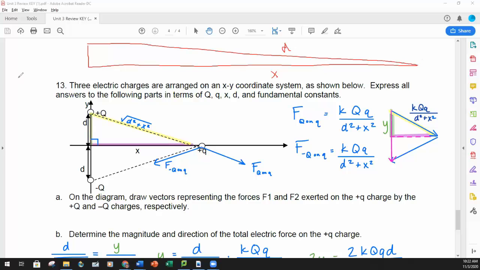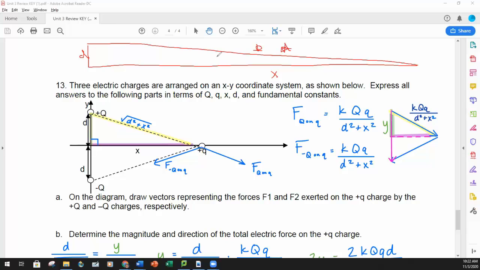As I get farther and farther out, the hypotenuse gets closer and closer to being the same as x. Like d matters less and less the longer and skinnier this triangle becomes.